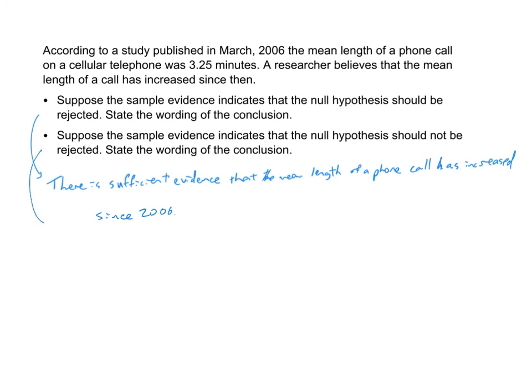For the second one there, suppose the sample evidence indicates that the null hypothesis should not be rejected. What is the wording of the conclusion? All right, then here is the phrasing for that.